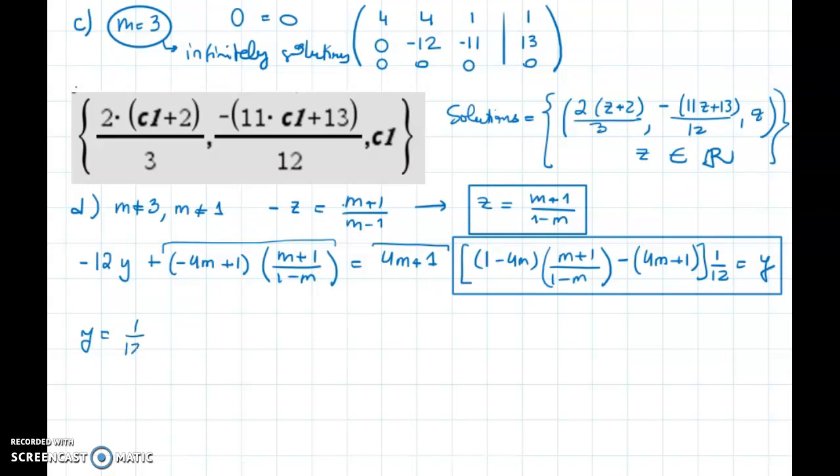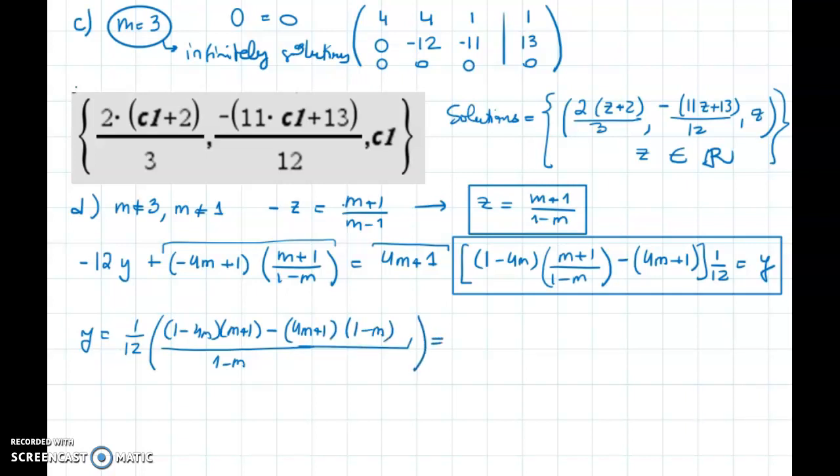So I'll try to do common denominator 1 minus m on the expression that defines y. So if I have 1 minus m as denominator, I have from the first term 1 minus 4m multiplied by m plus 1, and then minus 4m plus 1 multiplied by the 1 minus m from the common denominator.